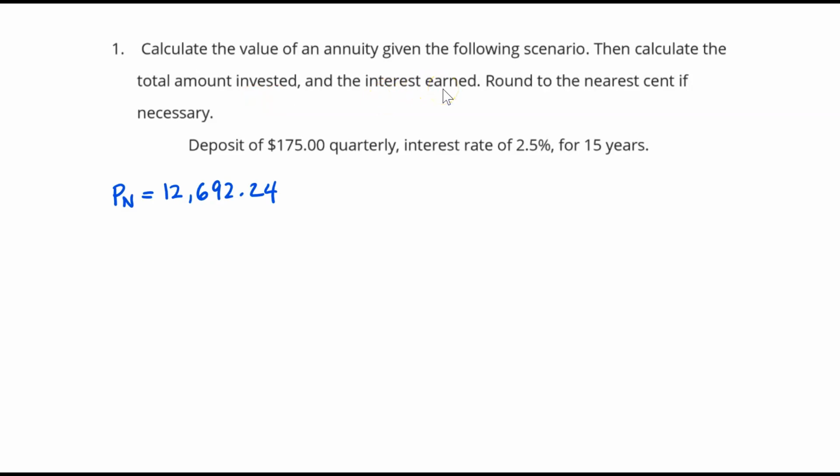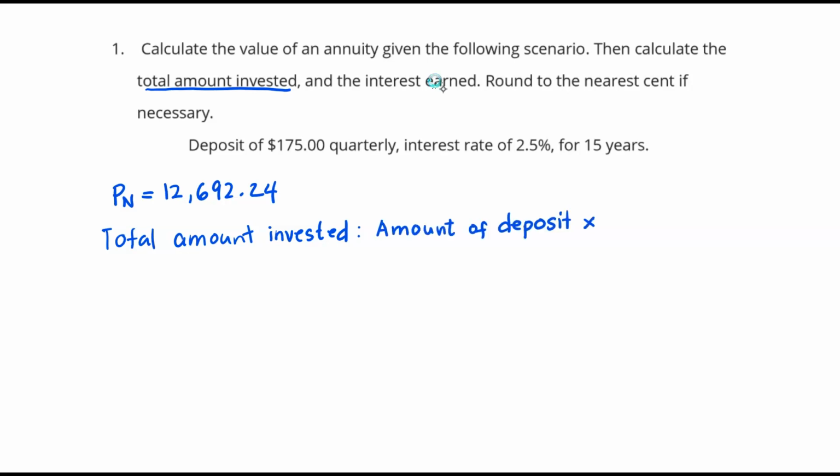Now, we want to calculate the total amount invested and the interest earned. To calculate the total amount invested, we are just going to multiply the amount of deposit by the number of times the deposit is made in a year and the number of years.